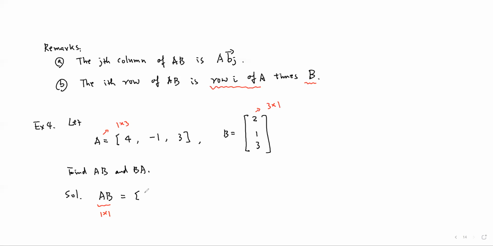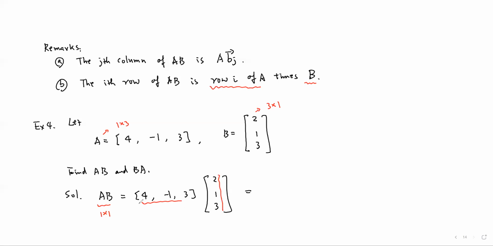Let me copy the matrix A and matrix B. The result is 1 by 1, only one entry. The entry is row 1 times column 1 by the row column formula.